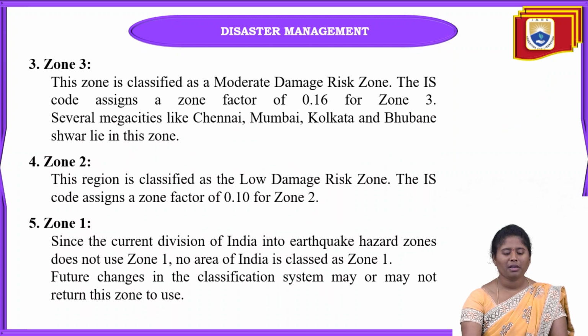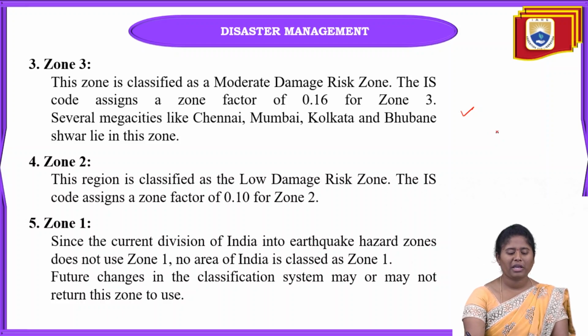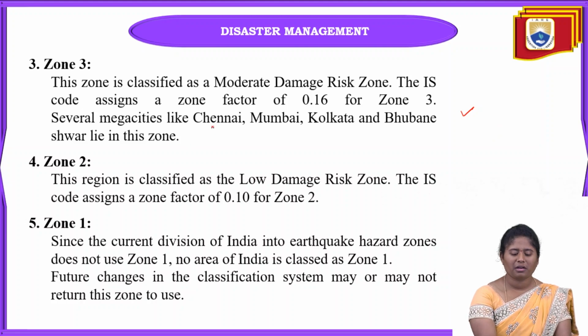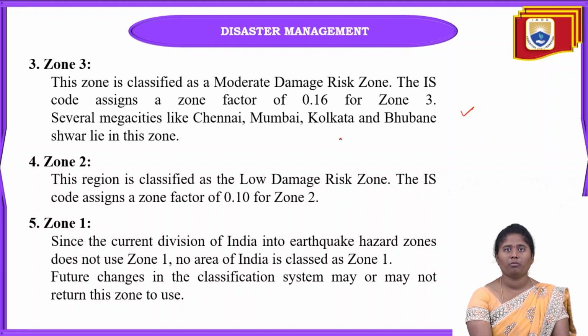Coming to the next one, that is zone 3. This zone 3 is classified as the moderate damage risk zone. From the IS code, its zone factor is 0.16. Some of the regions in India that come under it are the mega cities: Chennai, Mumbai, Kolkata, Bhubaneswar.